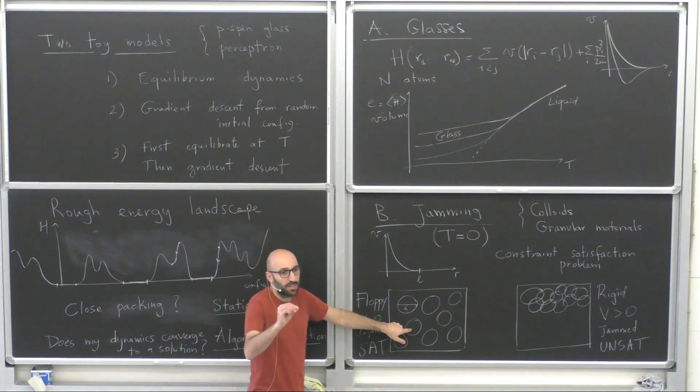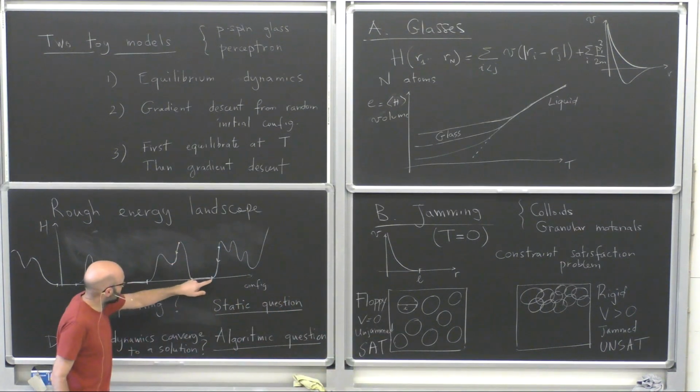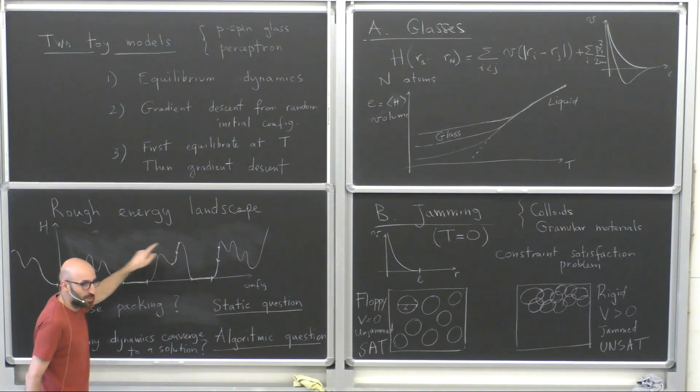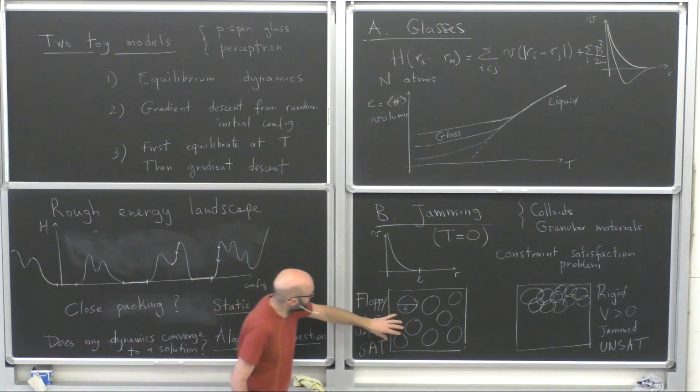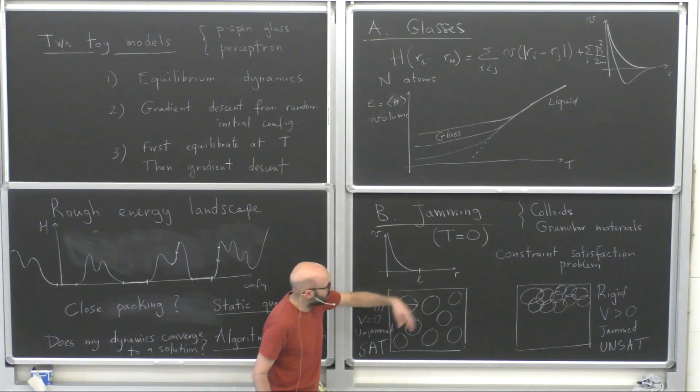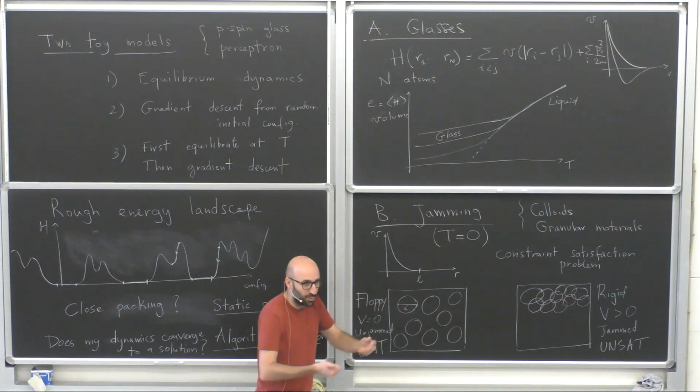Now, if you put a little bit of temperature, for example, what happens? If you're in a situation like this, the system will explore this region, but jumping to the next one will take a very long time. So what you see, for example, in colloids, when they are dense enough, is a situation like this: when you put a little bit of temperature, they are going to vibrate, but they don't really diffuse.